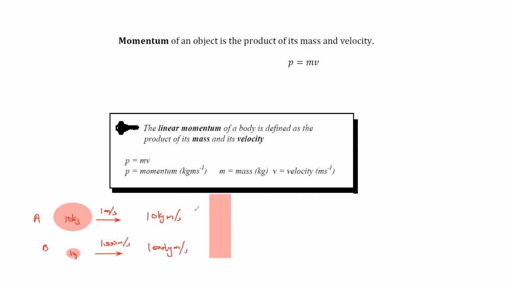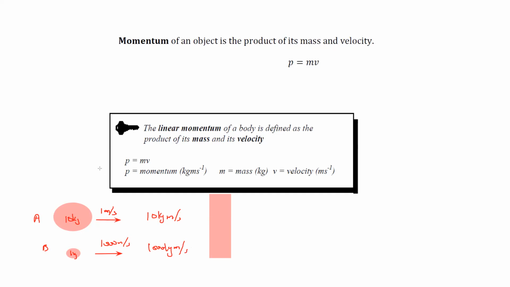So not only is the mass required to study the momentum, but you need the velocity as well, and the product of the mass and velocity decides which object will have a greater impact when it collides with other surfaces. You cannot tell just by looking at the mass that because it has greater mass it will have greater impact.